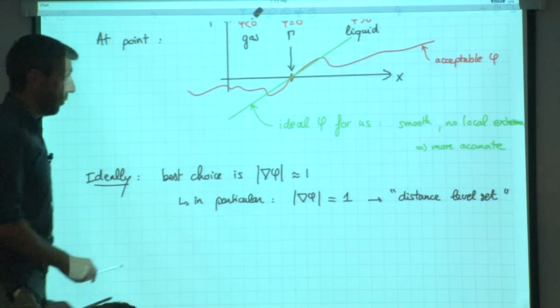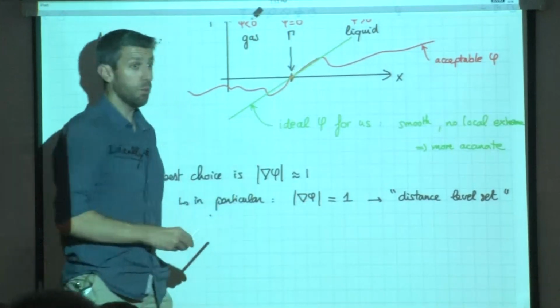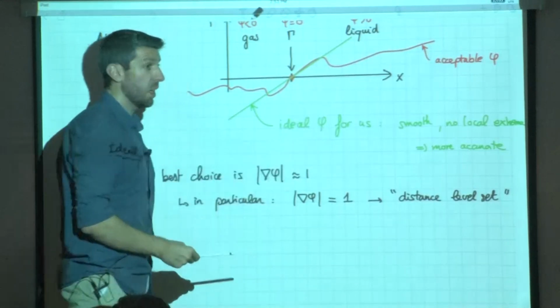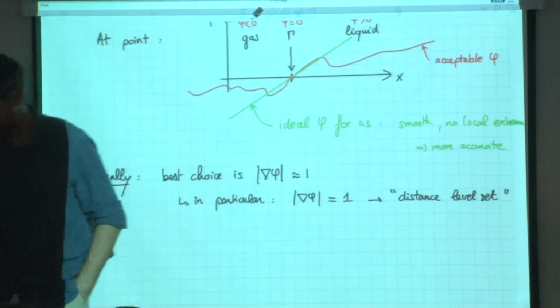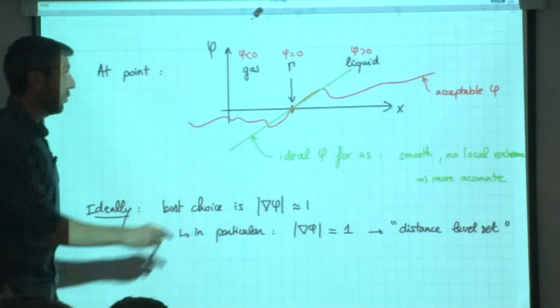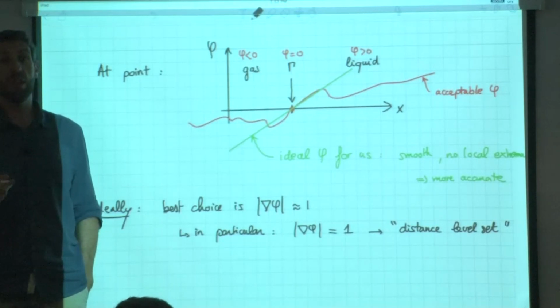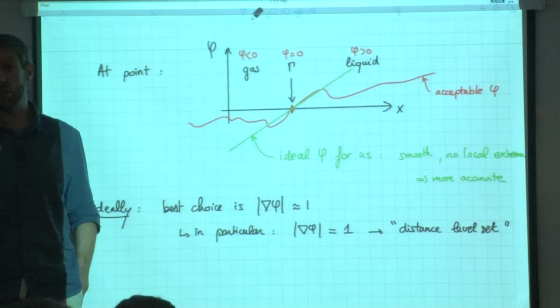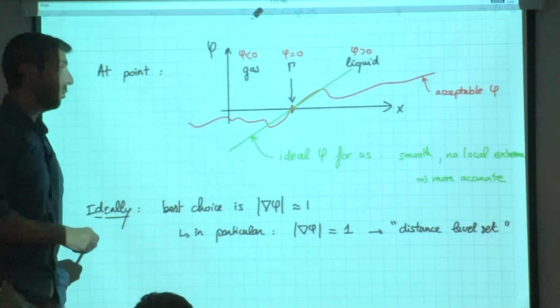Because the magnitude of grad phi equal to 1 means that you have a unity slope. So if you move a distance x away from the interface, then the value of your phi is going to be x. That means the value of the level set itself will be the distance between you and the closest point on the interface. So it tells you something about your distance from the interface.